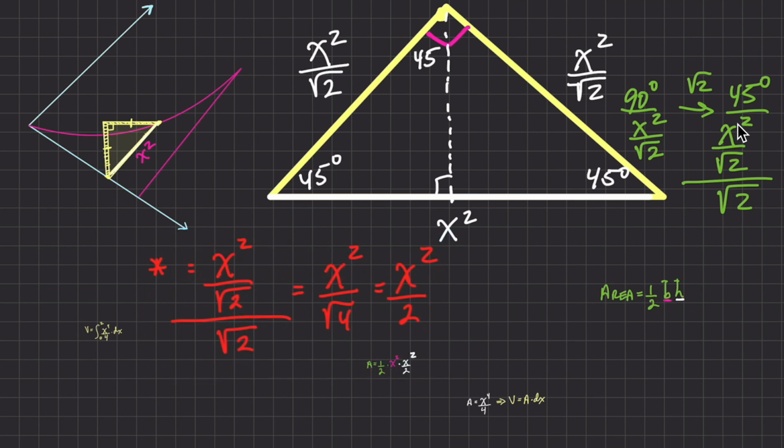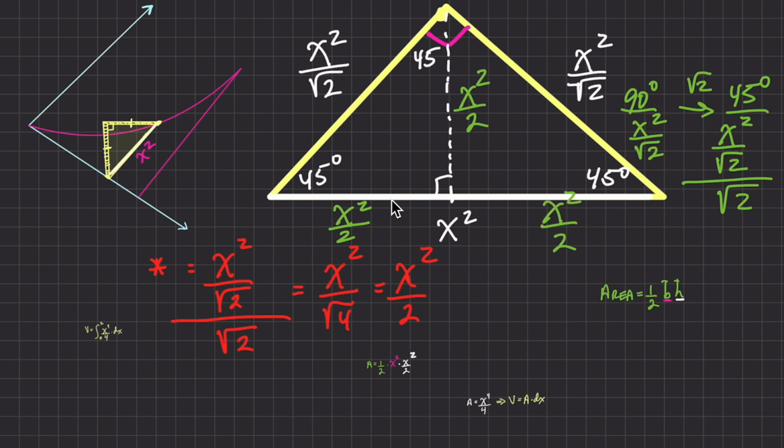We get x squared over 2. So this becomes our height right there. And since this is a 45, 45, 90 triangle, if this is opposite the 45 and that's opposite the 45, this becomes x squared over 2 and that becomes x squared over 2.